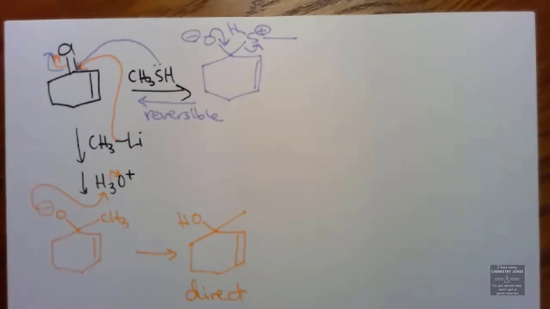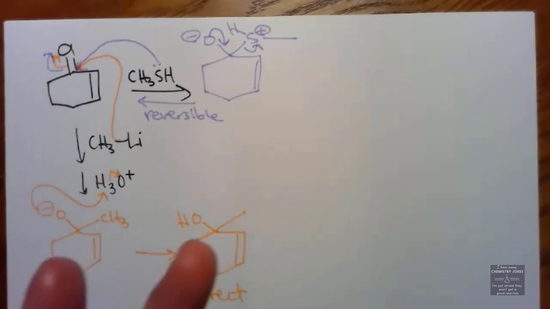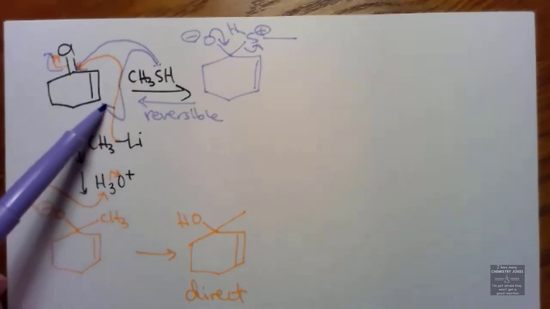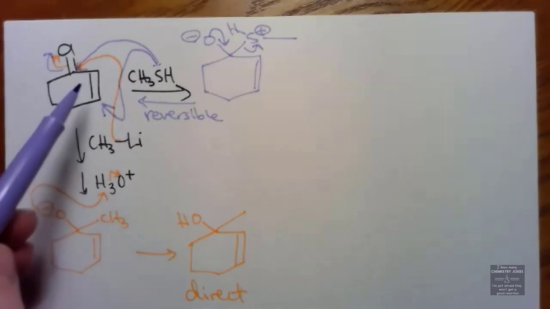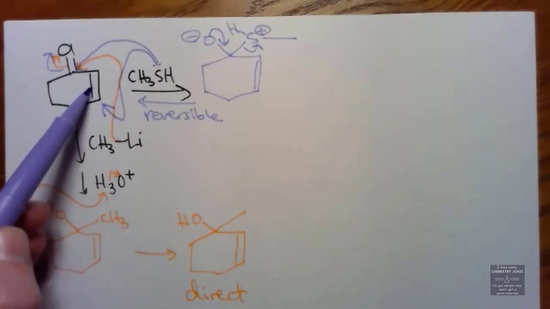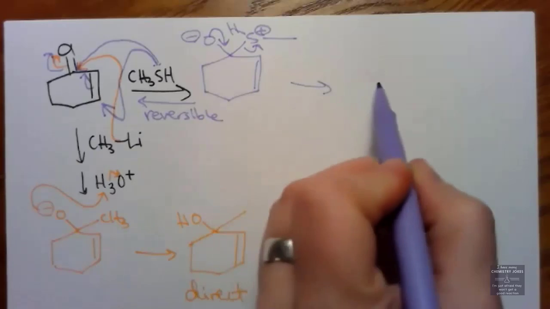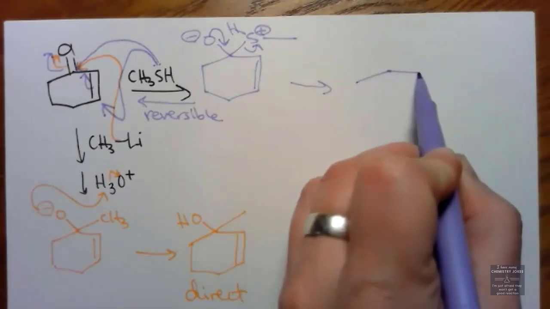But remember, conjugated carbonyls have two sites for nucleophilic attack, two sites that are partially positive. So this sulfur can also attack down here because he's slow and patient and can wait around for the positive charge to be ready for attack down there.